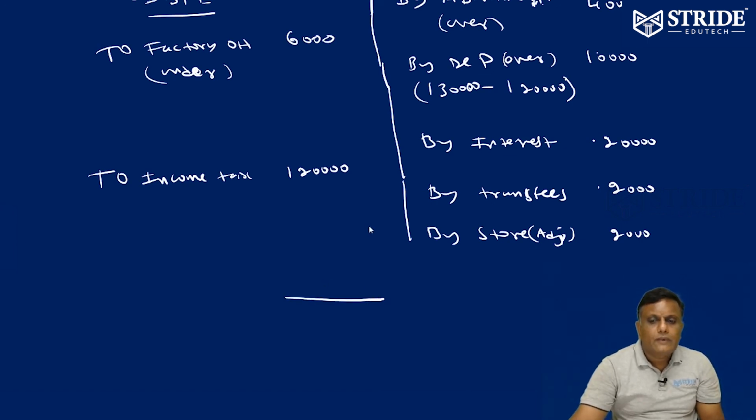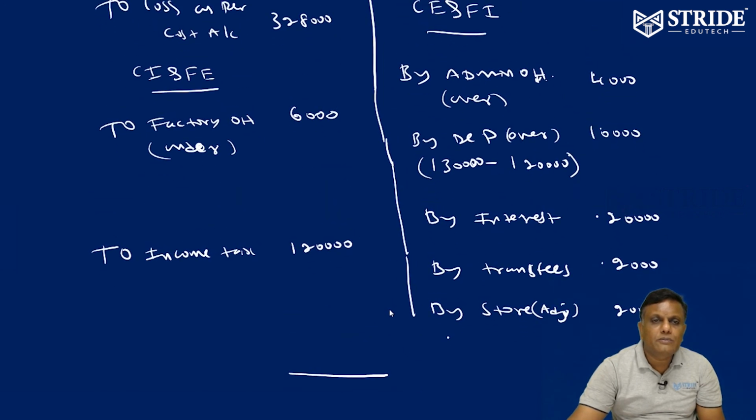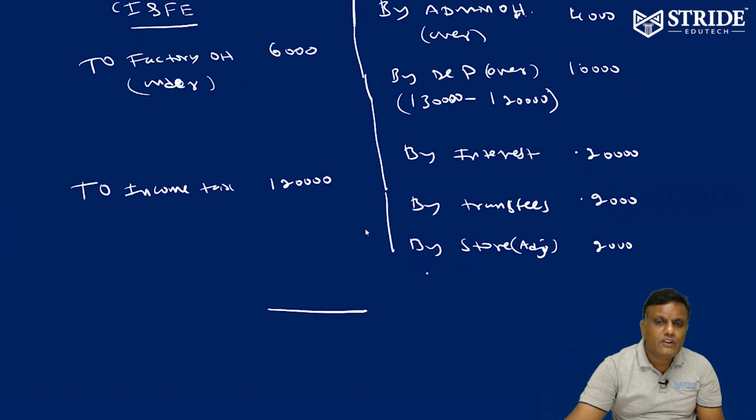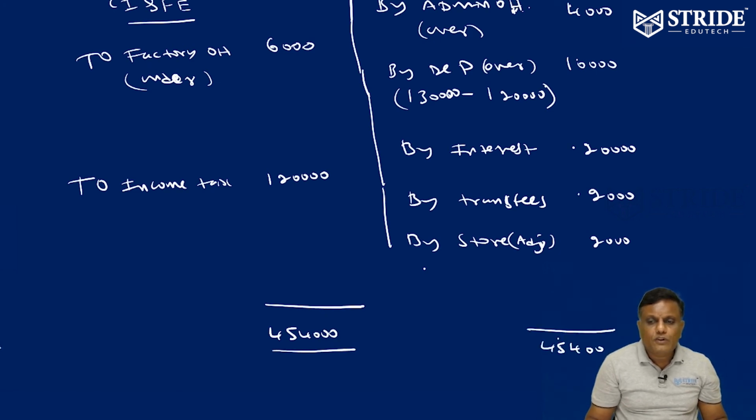So here, left hand side, right hand side. 3,20,000 plus 6,000 plus 1,20,000, we just add, you will be getting 4,54,000. Here 4,54,000.